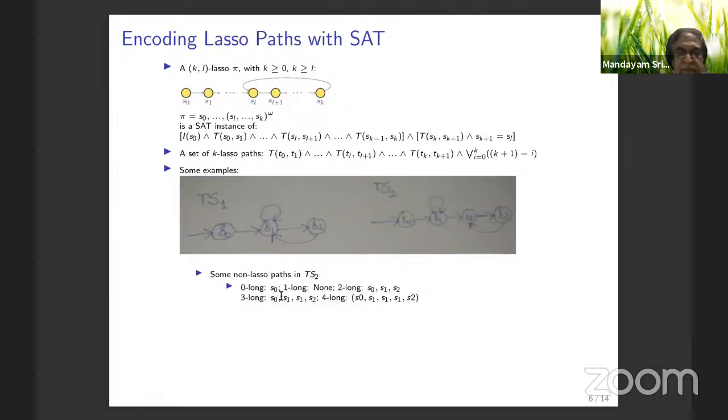One long, is there any one long lassoing path? Actually, this is wrong, I think. One long means it is not with one thing.